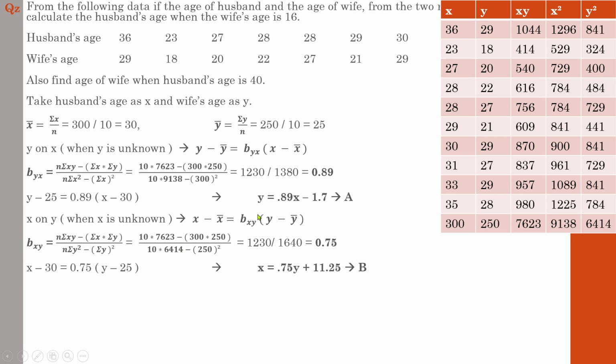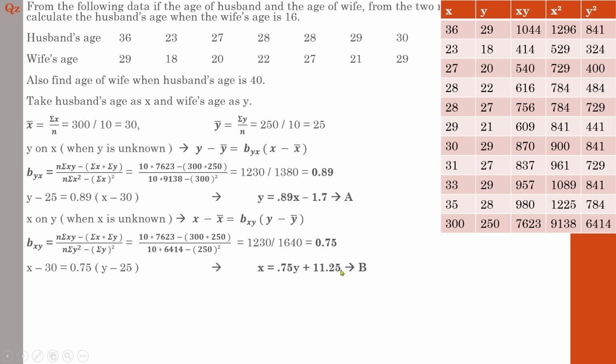Y mean is already found as 25. By making necessary changes, unknown values are shifted to the left side of the equal sign and known values to the right side, then you will get x equal to 0.75y plus 11.25. That will be the second equation.